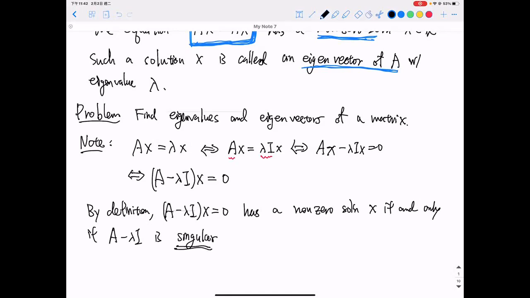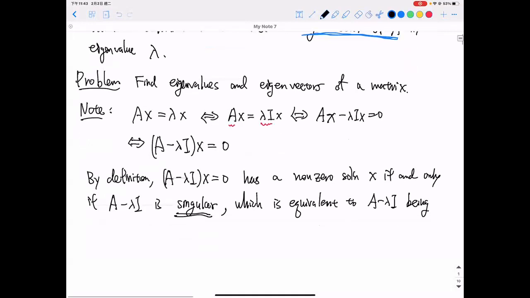That's what being singular means. And one thing that we talked about before is that being singular is equivalent to A minus lambda I being not invertible. Okay.